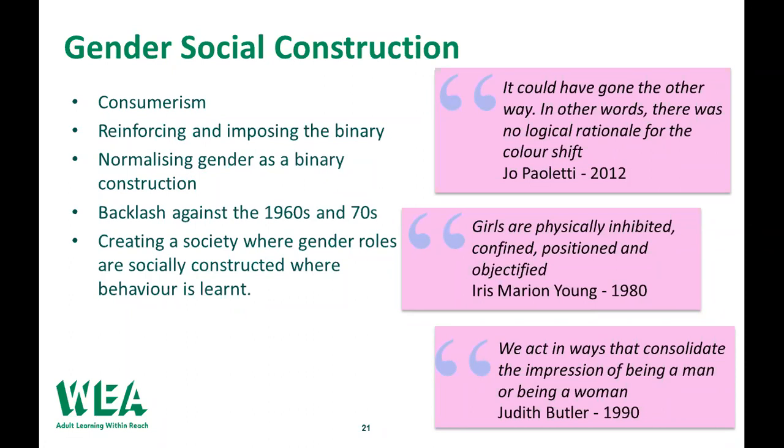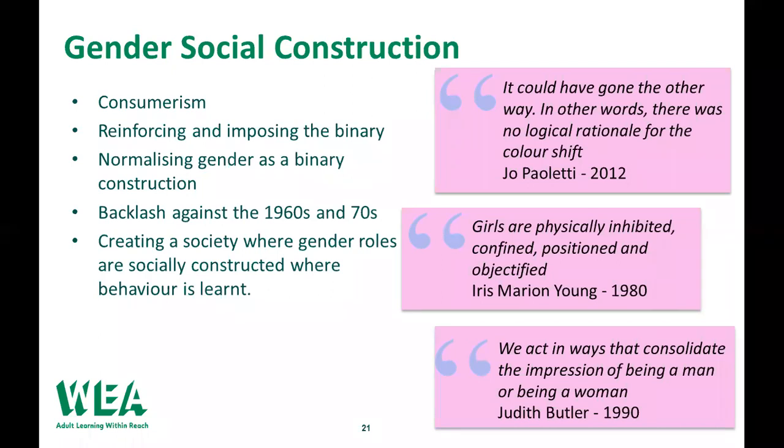So we are talking about gender roles being created or constructed by a society. So when you're born, you don't have any preference over your gender role, but you see everything. A young baby sees what's happening around it and absorbs everything. Young children will see their peers wearing pink if girls, and the boys will see the boys wearing blue with slogans on their t-shirts saying fearless and things like that.